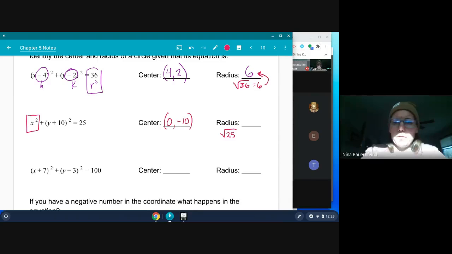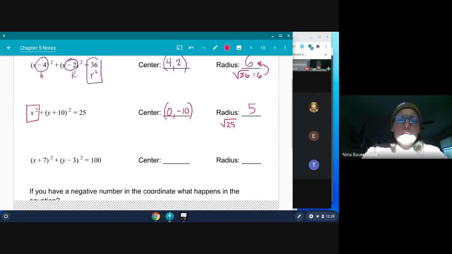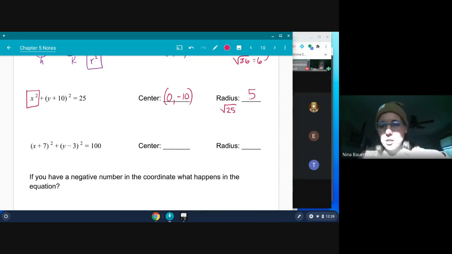5. Beautiful. Okay, so I want you guys to come up with the next one. I'm going to ask you guys to tell me how many parts you got correct, okay? So I want you to come up with the coordinate and with the radius. The 3 parts are this one, 2, and 3. You should come up with 3 things, and we're going to see how many you got right.